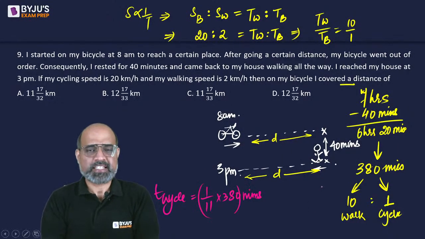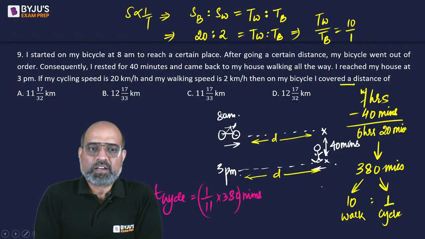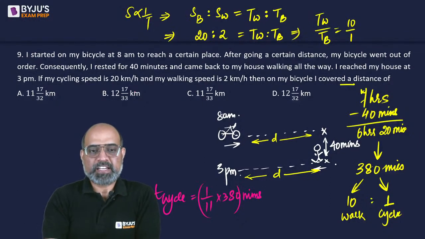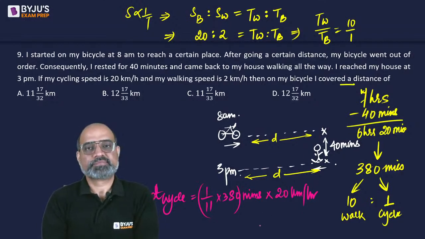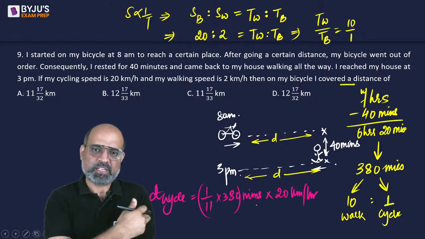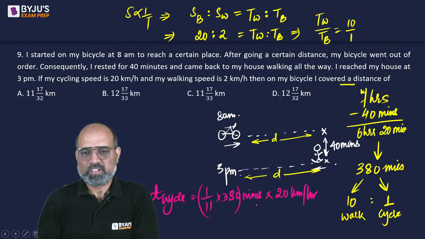Now, cycling speed is 20 km/h. If we multiply the time with the speed of cycling, we will get the distance, and the distance by cycling is the same as the distance by walk.